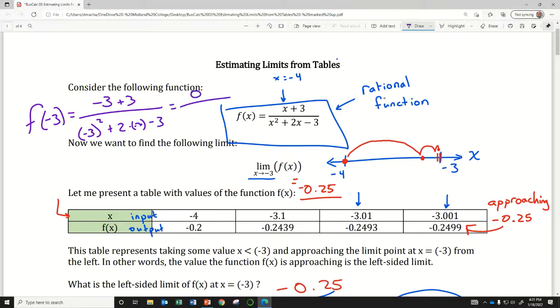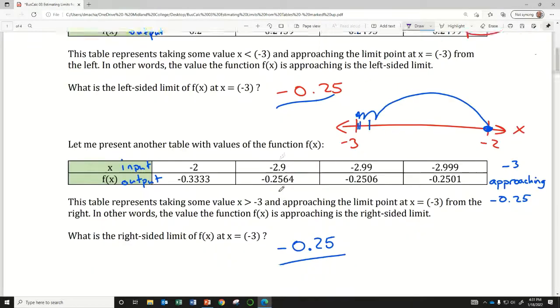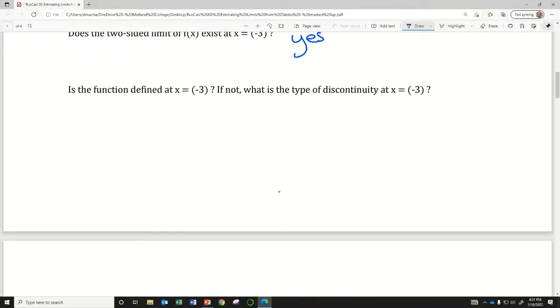So this is 0 in the numerator, and then -3 squared is 9, plus 2 times -3 is -6, minus 3. So it gives me 0 over 0, which is not a real number. So actually, at x equals -3, the function is not defined.